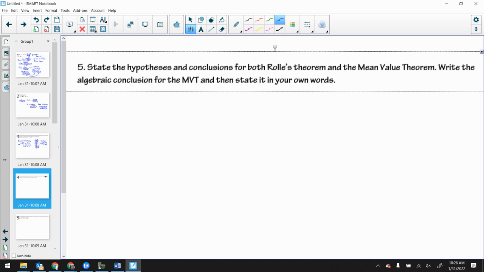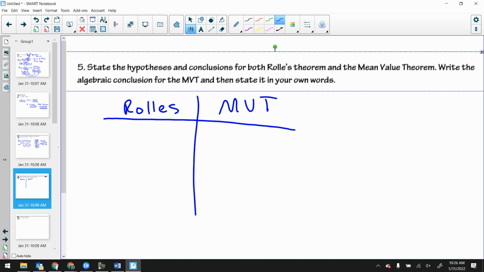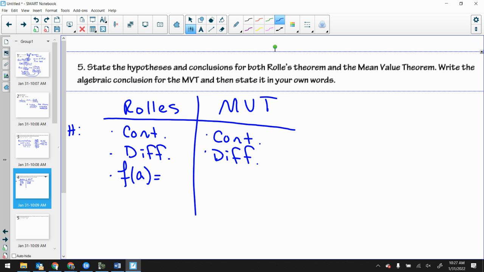Okay, so hypotheses for Rolle's and then MVT. For hypotheses, they both have to be continuous and differentiable. But for Rolle's theorem, you have to have f of a equaling f of b.